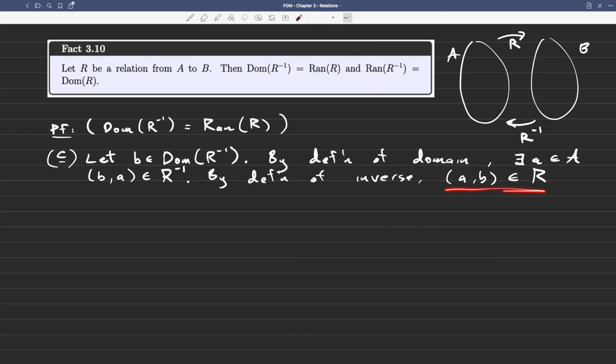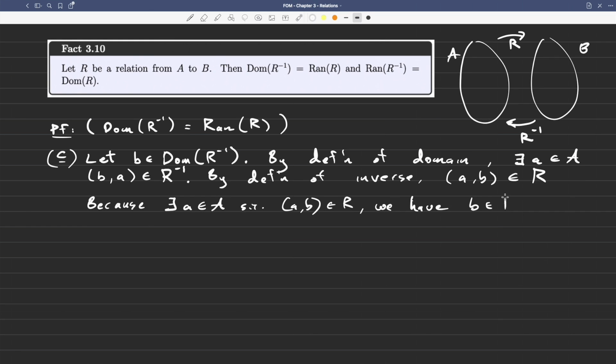Just knowing this information, I can see that b, that element that we started with at the beginning, is the second component of an ordered pair that's in R. Well, that's exactly what it means to be in the range of the relation. So I can say because there exists a little a in big A such that the ordered pair (a, b) is in R, we have b is in the range of R by definition of range.